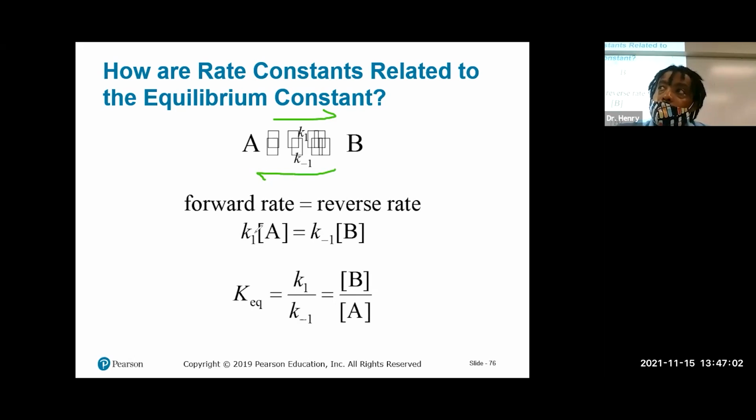Okay, so the rate is going to be equal to K1 times the concentration of A, and that should be equal to K minus 1 times the concentration of B. And so our equilibrium constant is going to be equal to the ratio of K1 over K minus 1, which is going to be equal to the concentration of B over A. So our equilibrium constant is dependent on our rate constants.